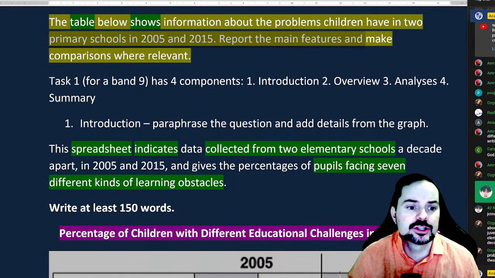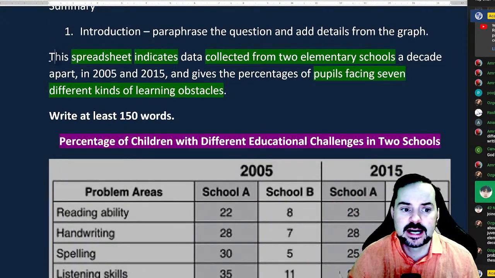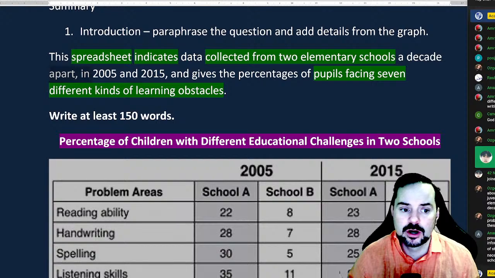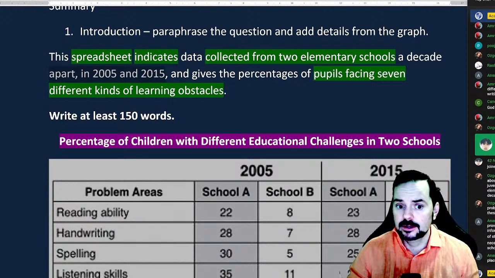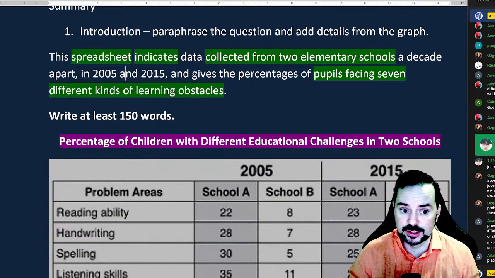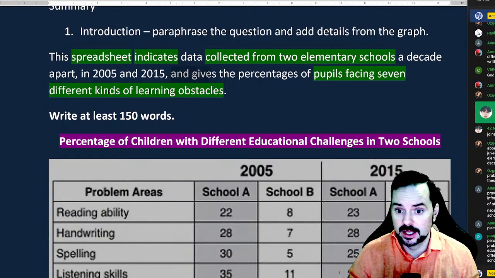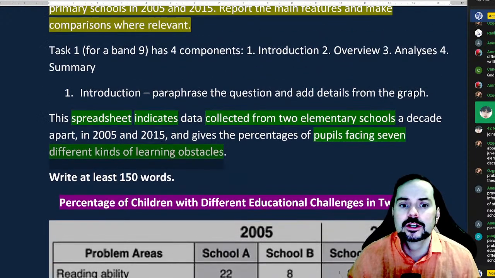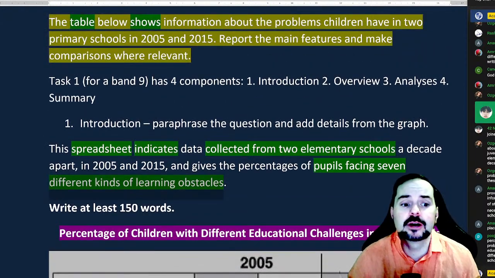Report the main features and make comparisons where relevant. I paraphrase this as, this spreadsheet indicates data collected from 2 elementary schools a decade apart in 2005 and 2015. Notice how I recognize that there's a 10-year gap here, okay? And gives the percentages of pupils facing 7 different kinds of learning obstacles, all right? So that's my paraphrase, giving a bit more detail.